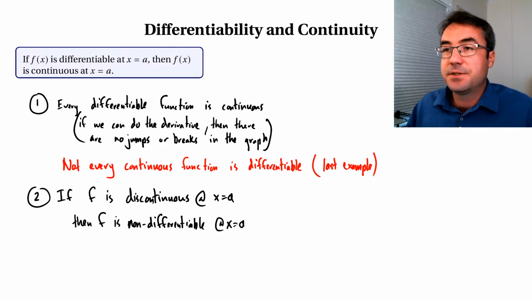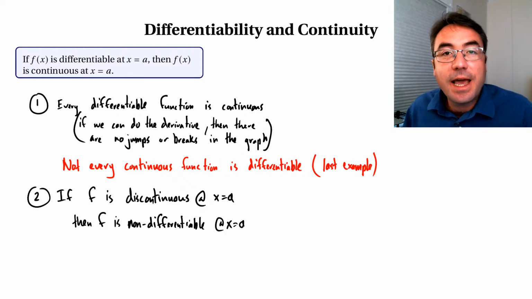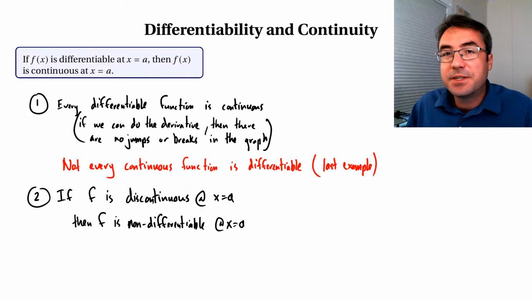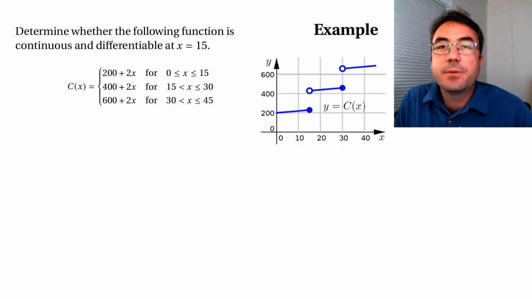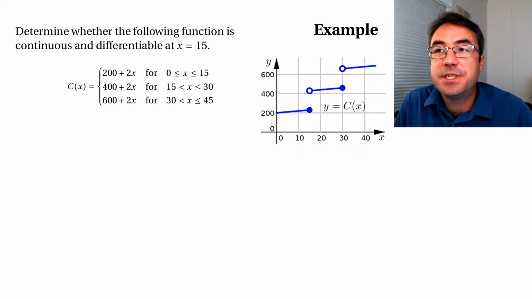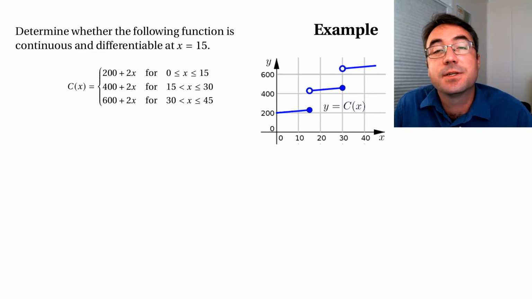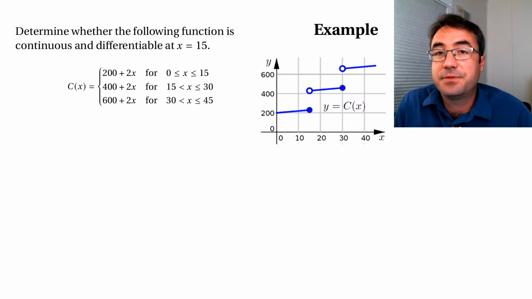All right, so let's see this in action. Let's look at another piecewise function. We're going to determine whether this piecewise function is continuous and differentiable at x equals 15. The first piece is 200 plus 2x when x is between 0 and 15. The second piece is 400 plus 2x when x is between 15 and 30.